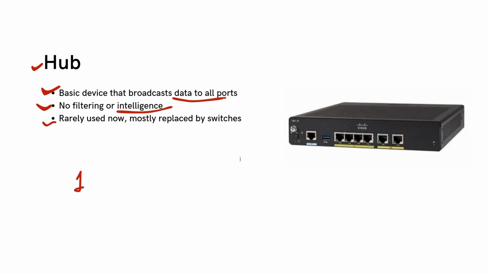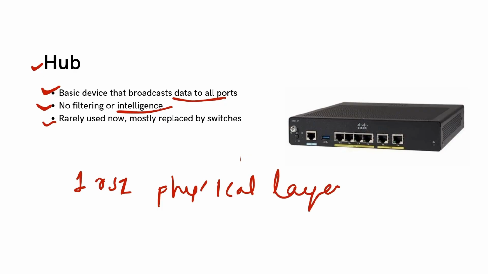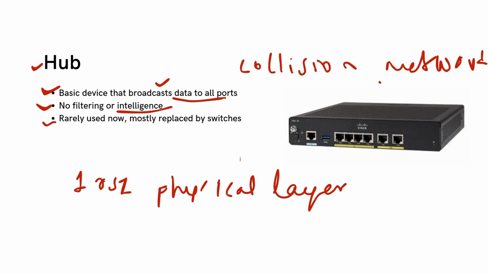Hub works on layer 1 of the OSI model, which is the physical layer. Because a hub broadcasts the data to all ports, it can cause collisions and network congestion. That's why we are using switches now.